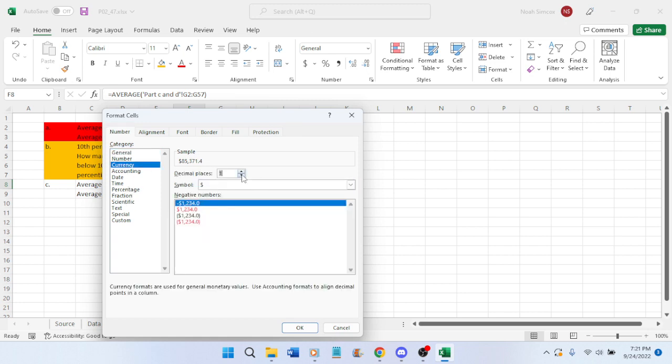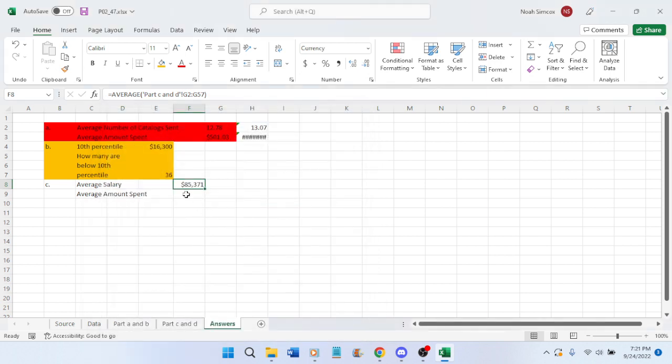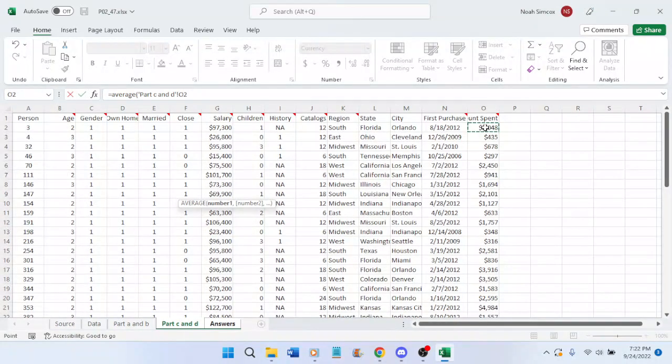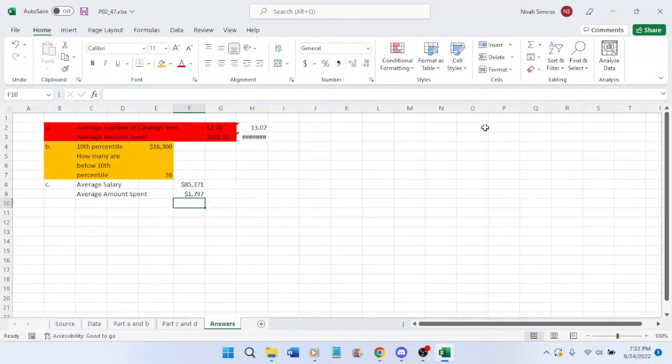Currency. Average. Paste formatting. And average amount spent is equal to average amount spent. Save.